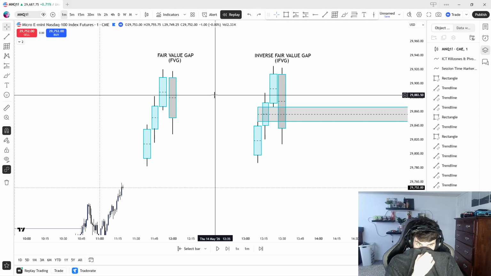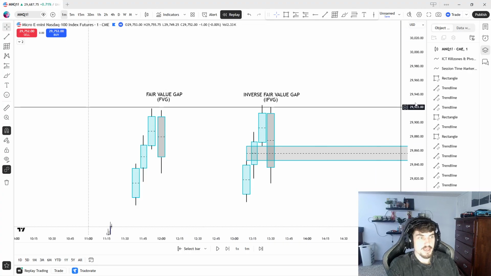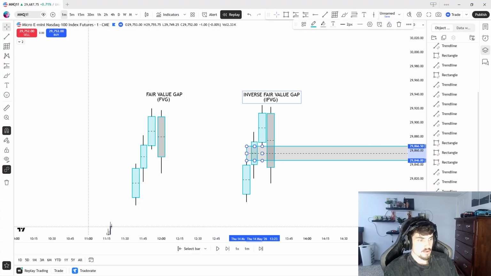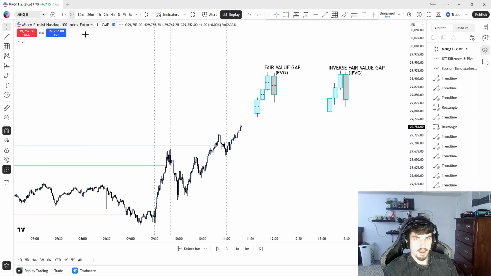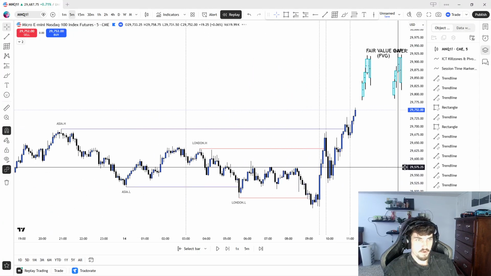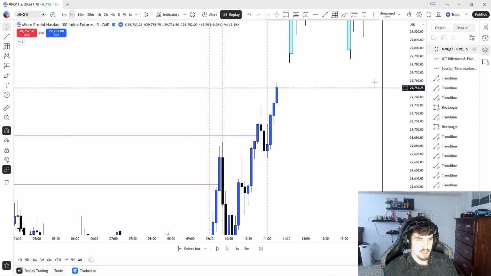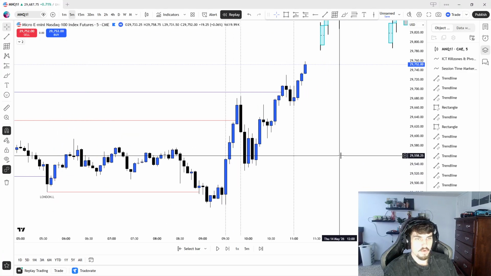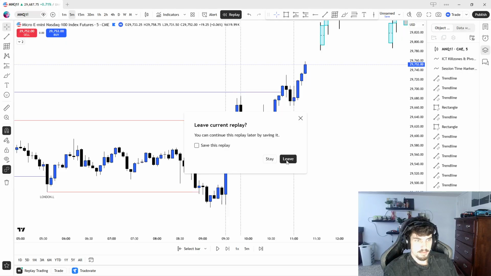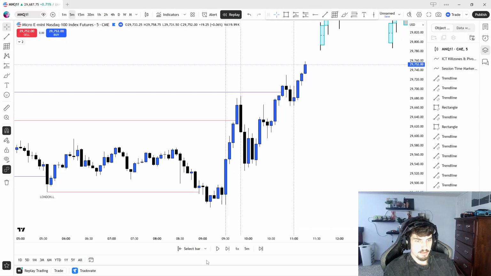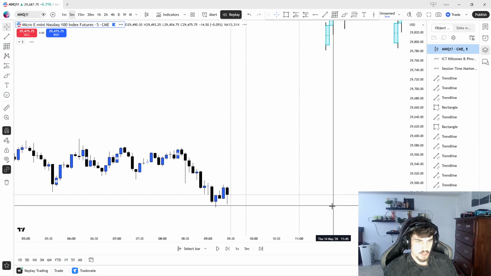So with all this being said, I'm going to erase all this, or maybe not erase it. I'll keep it on there for now. But I will show you guys from today actually some examples of some fair value gaps getting formed in real time. So I think I'm in bar replay already because I just did a recap.